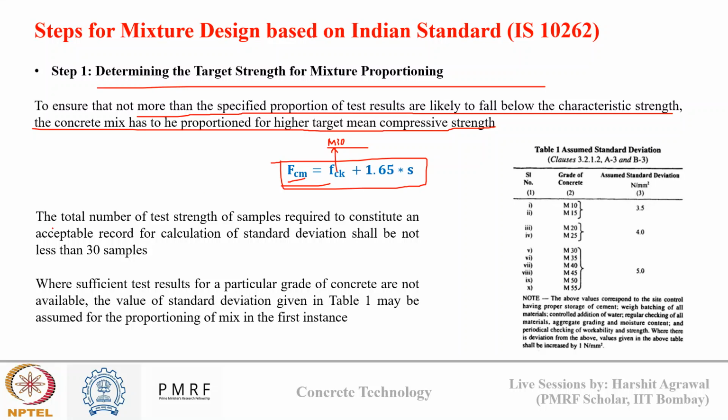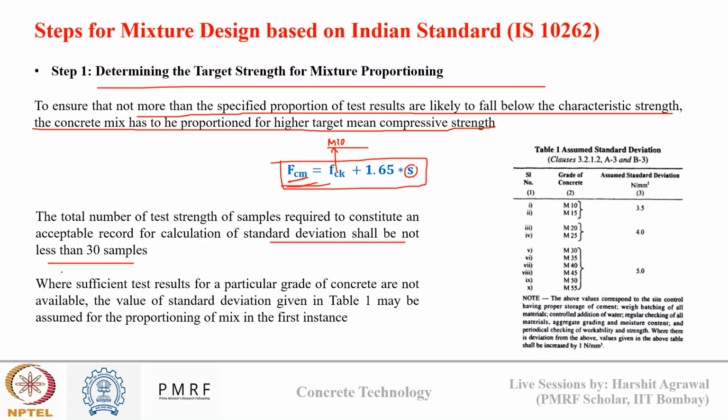The total number of test strength samples required to constitute an acceptable record for calculation of standard deviation shall not be less than 30 samples. So the code says that minimum 30 samples you should cast first to check the value of standard deviation and to get an estimate of target mean strength.